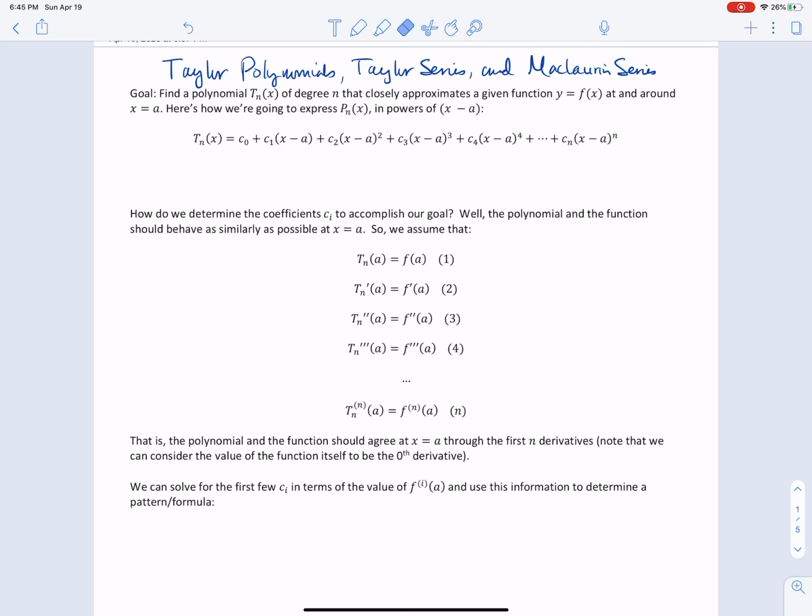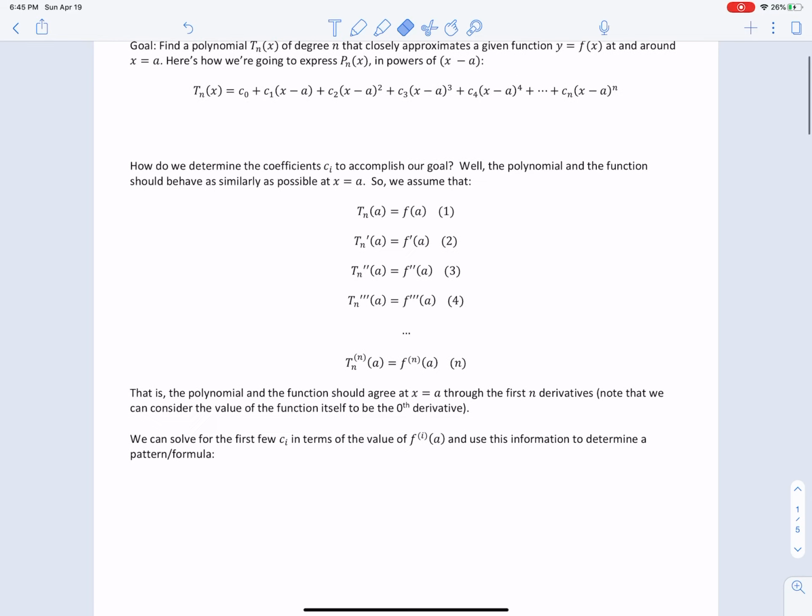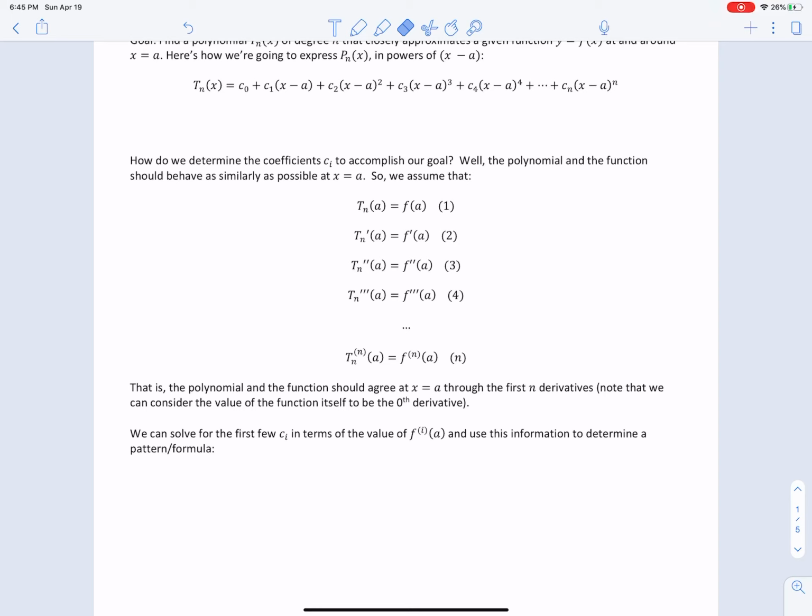Well, we're going to make some important assumptions, and I think these are very reasonable assumptions. Those are that the polynomial and the function are going to behave as similarly as possible at the point we're expanding about, x equals a. What does that mean? It seems like the polynomial and the function should have the same value when I plug a in.